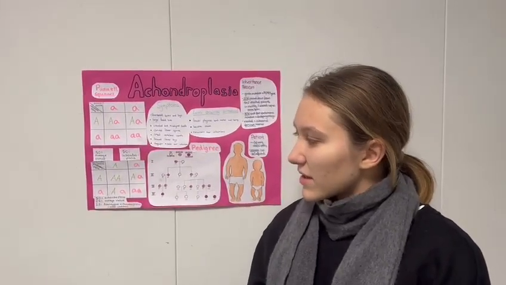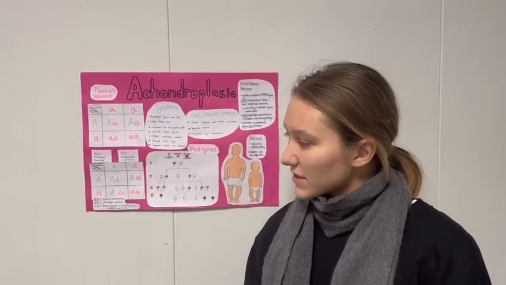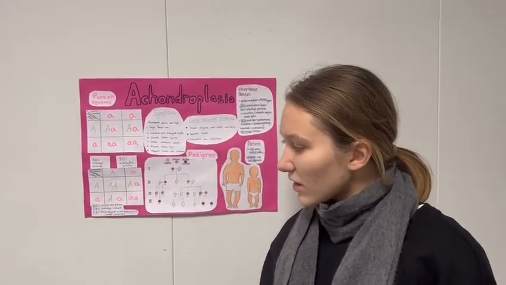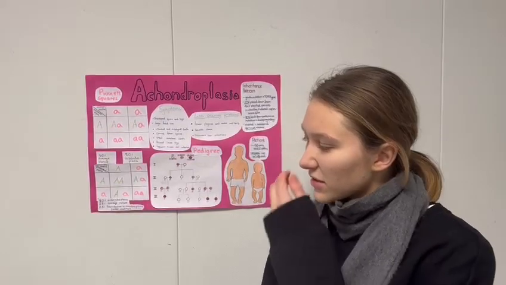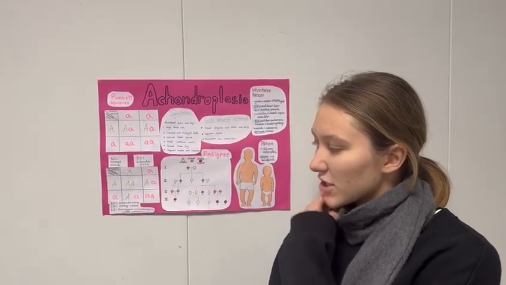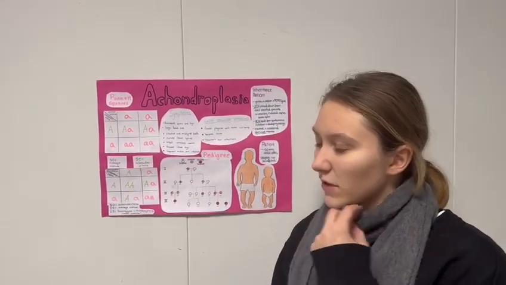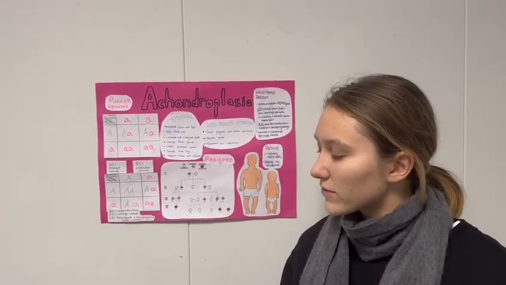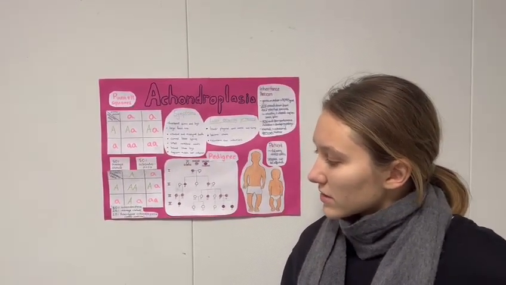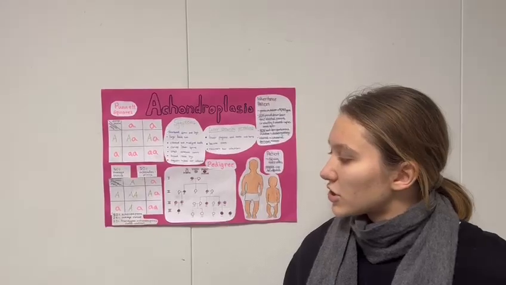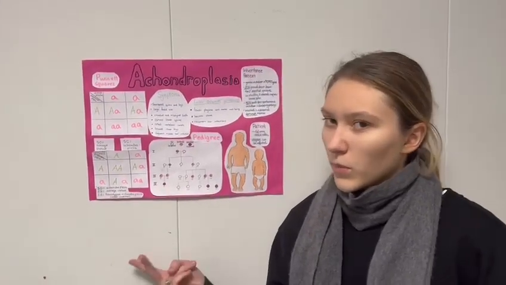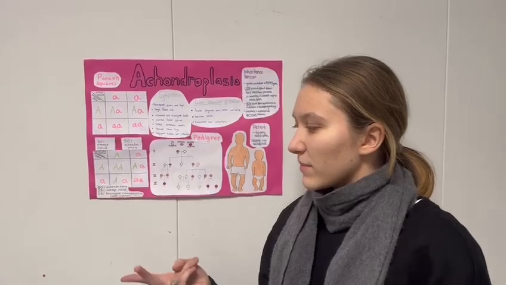Then we have another example where both parents have the disease. Then the chances of them having a child with the disease is 50%, 25% to get average stature, and 25% to get homozygous achondroplasia, which is a lethal condition where both alleles are the same.